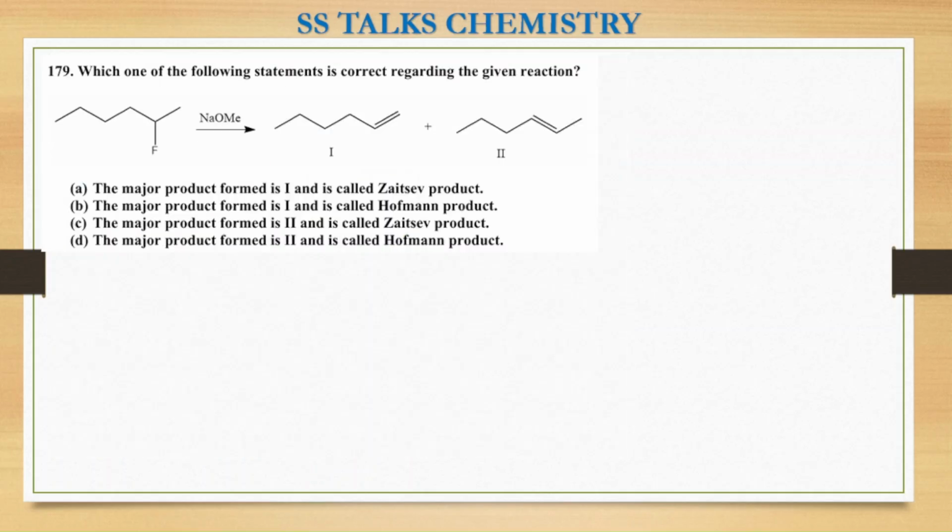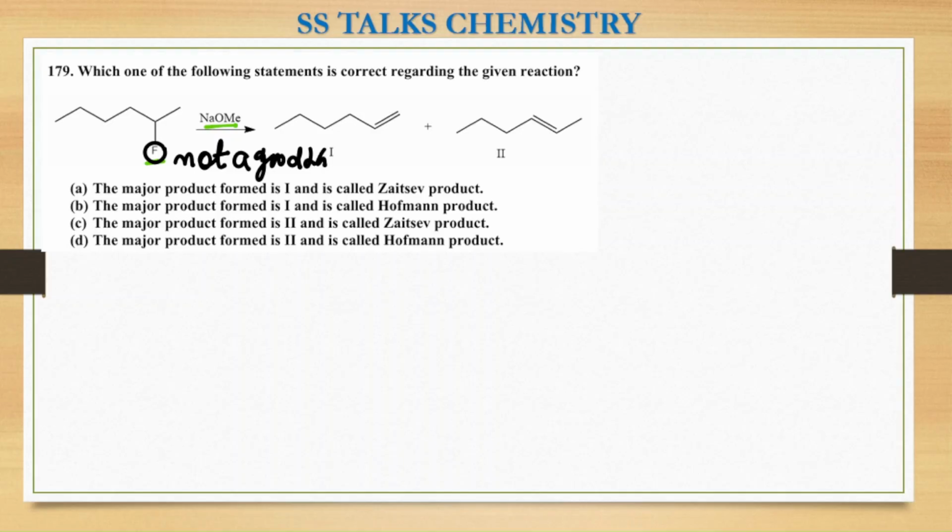Now, moving on to the next one, that is this. It says which of the following statements is correct regarding the given reaction. So, the fluorine atom is given, NaOMe base has been used, and an elimination reaction has been carried out. Now the fluorine atom that is present over here is not a good leaving group.